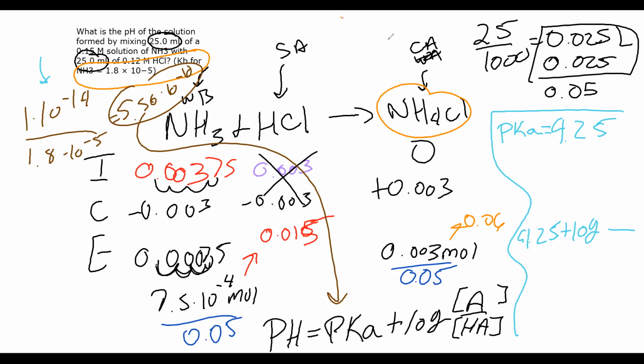So which one's up top? The acid or the base? Does this guy have an A? The base is up first. 0.015, 0.06.